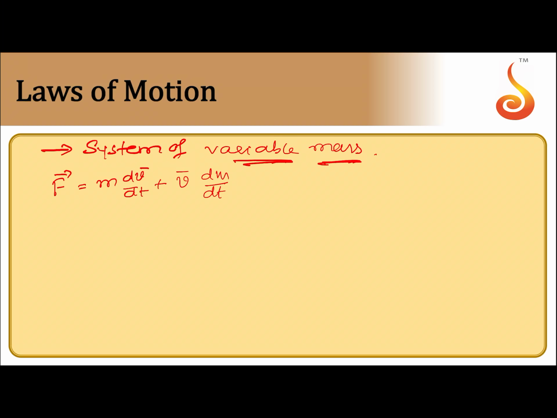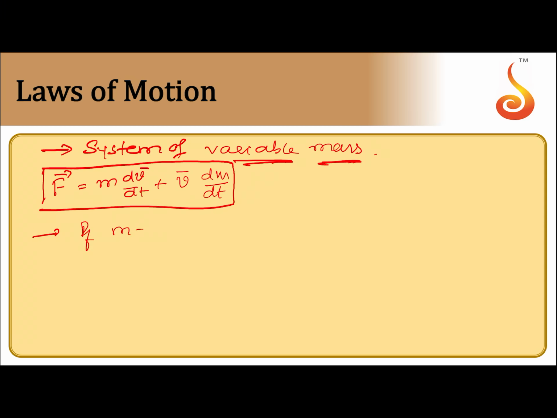The system may be gaining mass or losing mass. If that be the case, Newton's second law becomes F is equal to m dv by dt plus v dm divided by dt. Now, if the mass of the system changes, this is a critical case.